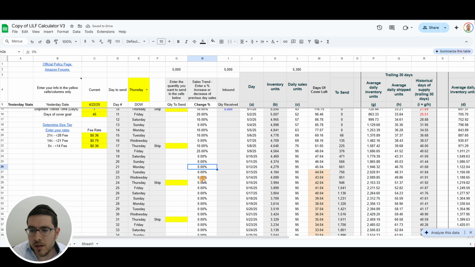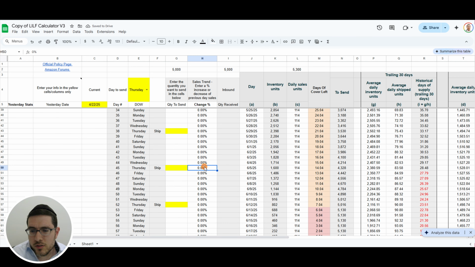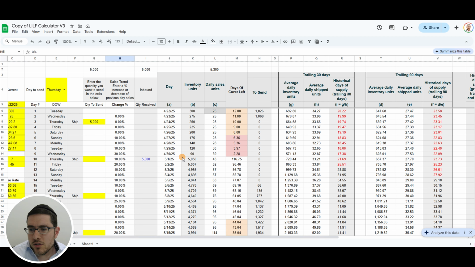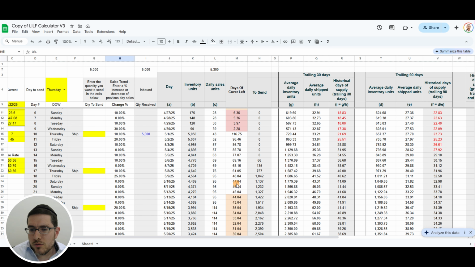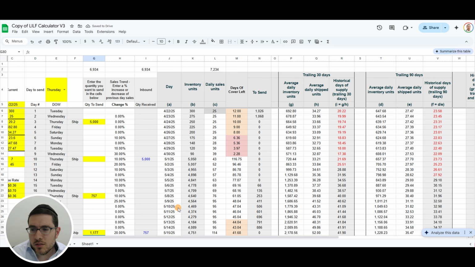Say you think within a month you're going to start selling 100 a day, and then within 2 months you're going to start selling 200 a day. So you could see very quickly here how now these numbers are going against you again. So at this point you will want to start shipping in more units again to account for the changes. So you could easily simulate all these things over here.